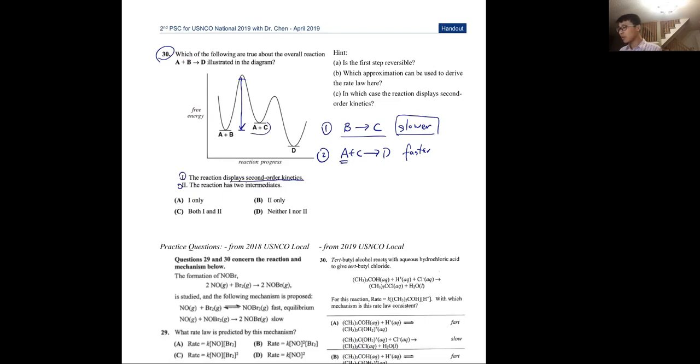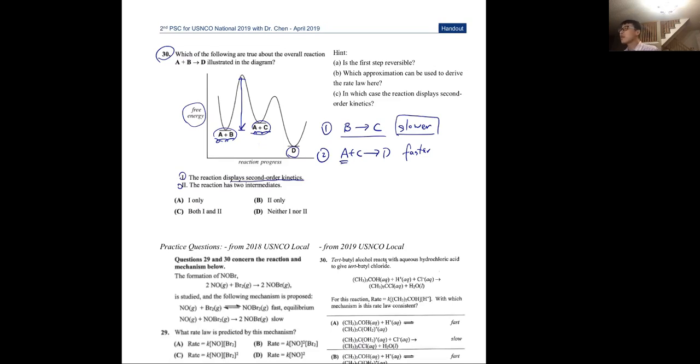But why we still put A here is because we want to compare the free energy of the overall A plus B, A plus C, with D. Otherwise, it doesn't make sense; you cannot make this kind of comparison. This is why we put the A here, but it's very confusing, right?